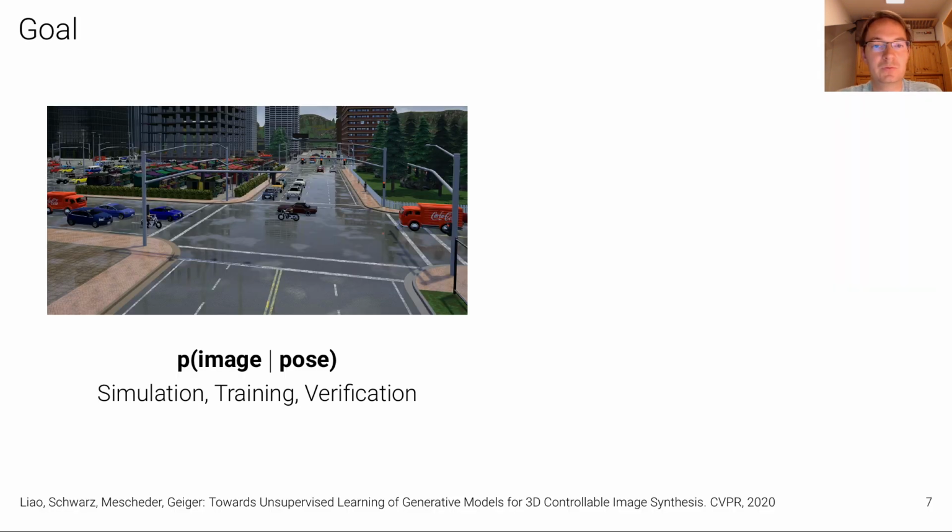From a simplified viewpoint, the goal of this work is to generate an image given a scene description that includes a pose and the appearance and the camera viewpoint of the scene, which can be used directly for simulation and training downstream tasks, for instance, or for verification of intelligent systems such as safety critical systems like self-driving cars.